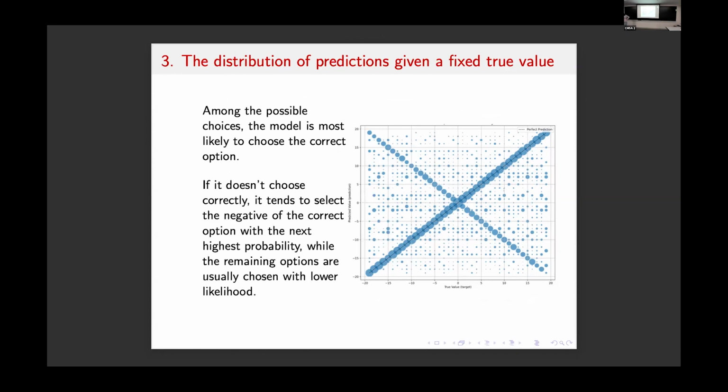If it doesn't choose the right option, the next most likely is its negative. So this diagonal is perfect prediction, and the anti-diagonal is the negative. Usually it chooses the right option among all the other choices. If not, it's the negative, except for this case. But I don't think there's anything special here. It just might have to do with evaluating this particular test set.